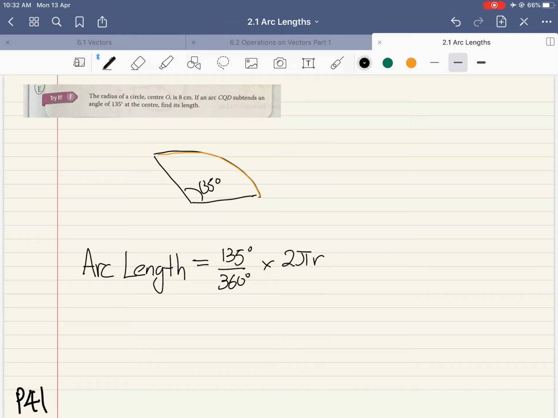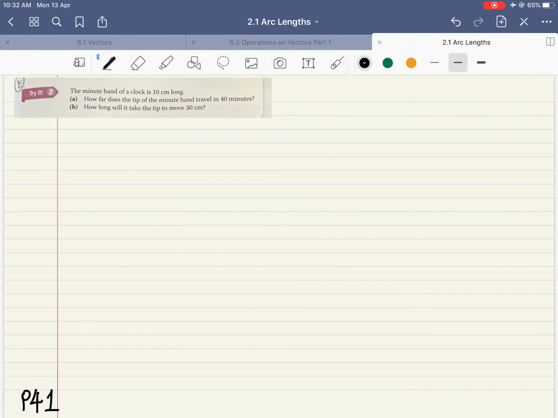You might be wondering, why is it 2 pi r? Because 2 pi r is the entire circumference of a circle, and this 135 over 360 gives us the proportion of the entire circumference of the circle that we actually want. So in this case, if you just use a simple computation, what you get is 18.8 cm, correct to 3 SF.